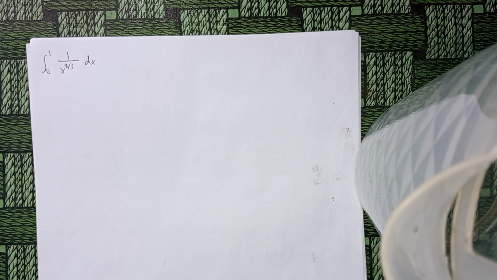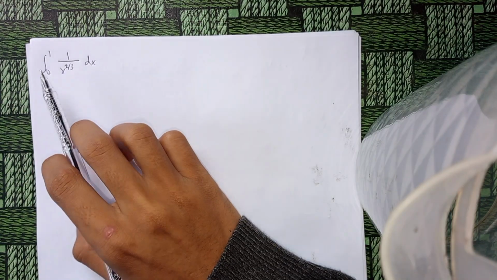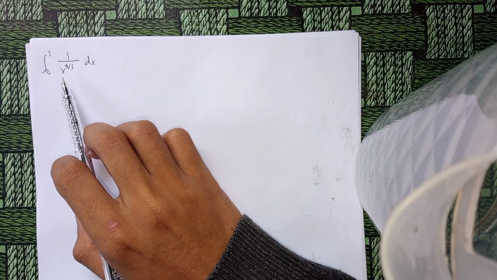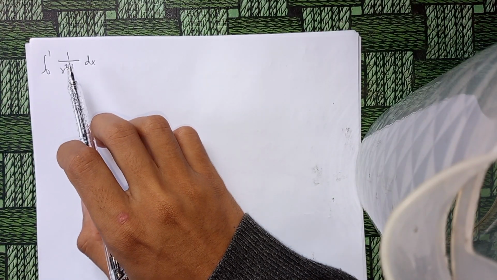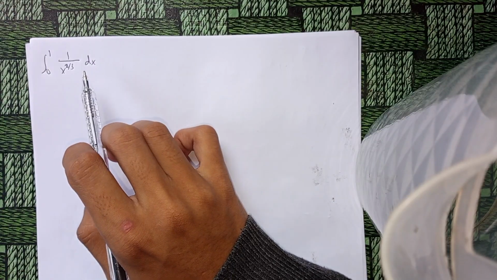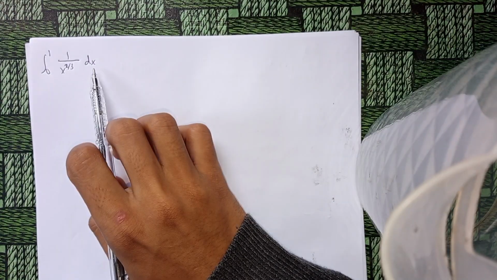Okay, so we have another problem here, and in this case, let us determine whether the limit is convergent or divergent. So our problem here is the integral of 1 over x to the power of 2 over 3 from 0 to 1 dx. Okay, so the boundary is 0 to 1.